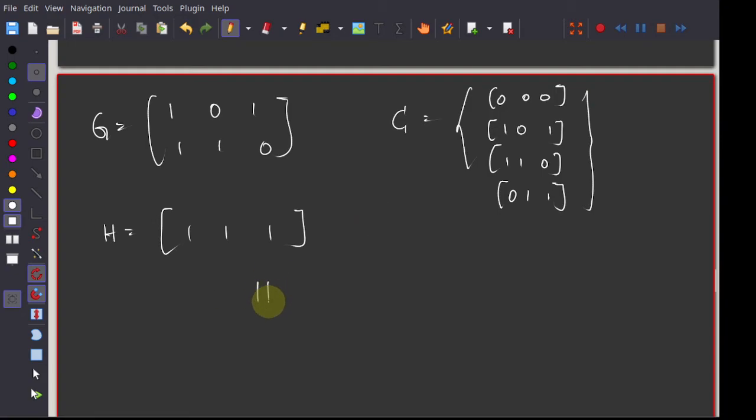So you must ensure that H x transpose equals 0 only if x is a valid code word.